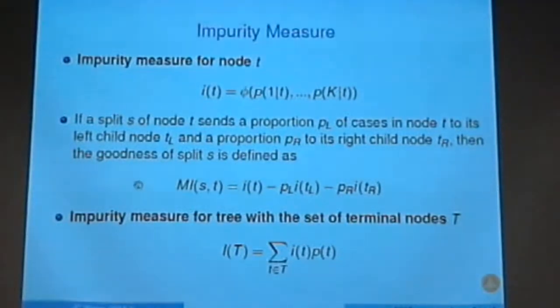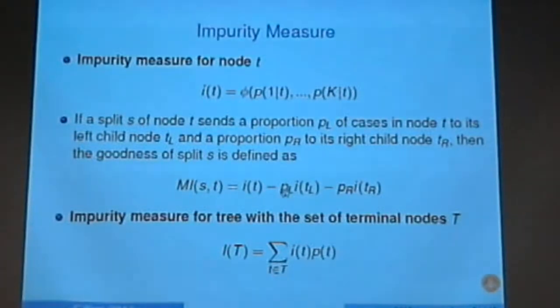Then we have this result. The goodness of split S is defined as this. This is the impurity of the parent node. The goodness of split is measured by subtracting the weighted impurities. Remember, PL is a probability, right?